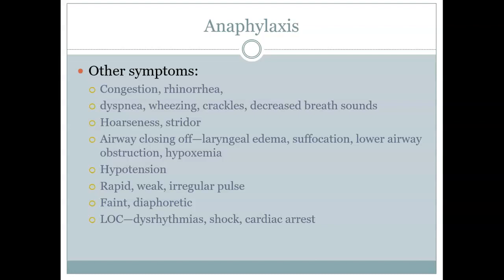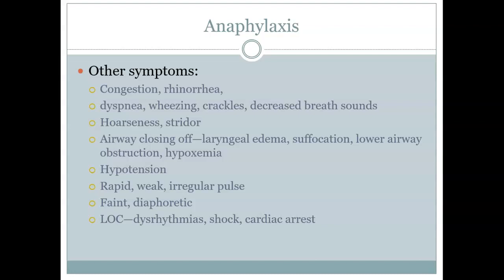You may hear decreased breath sounds, and as the airway starts closing off, you'll start hearing stridor and the patient being hoarse. And then the patient will have laryngeal edema, suffocation, lower airway obstruction, and hypoxemia, which means a decrease in O2 levels in the bloodstream.